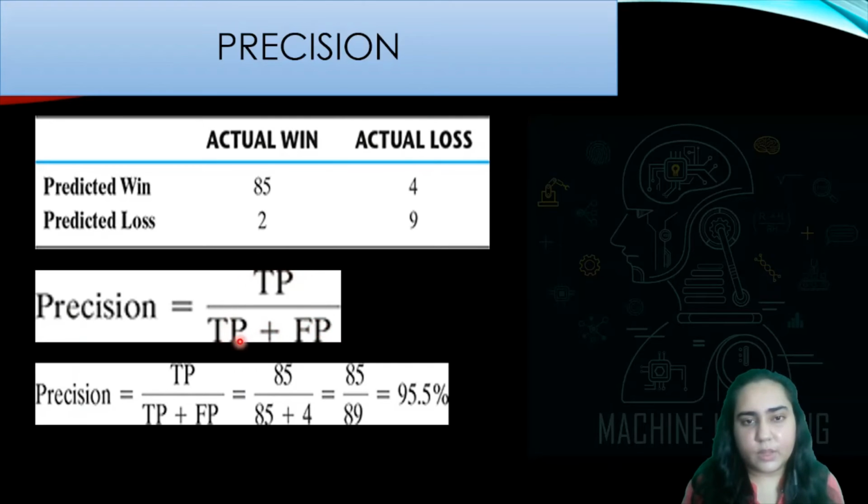So this is slightly different than what we saw in sensitivity, where instead of false positive, we actually took false negative. So this formula is slightly different, and precision is 95.5% using this formula and the confusion matrix.